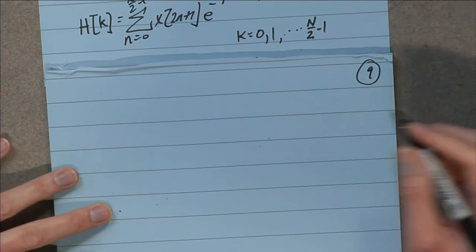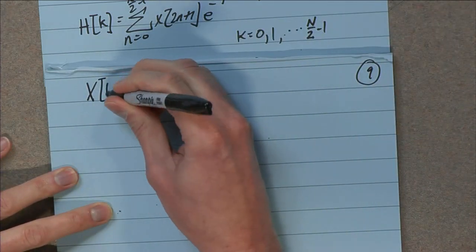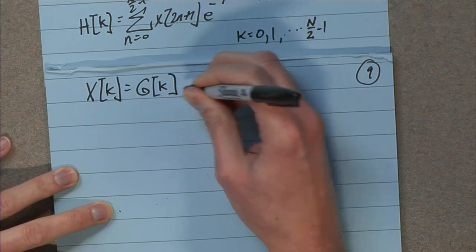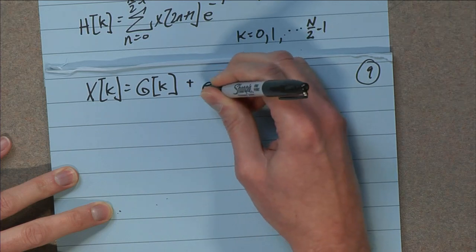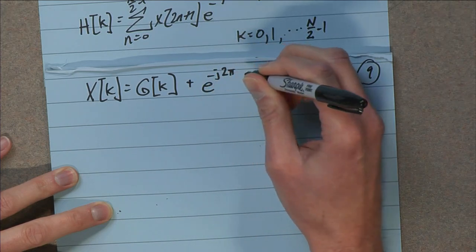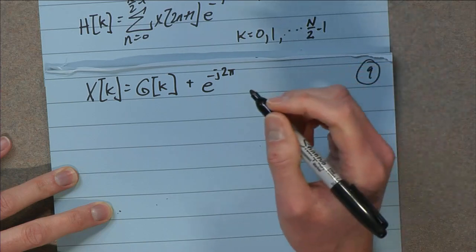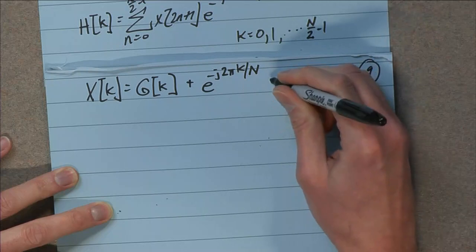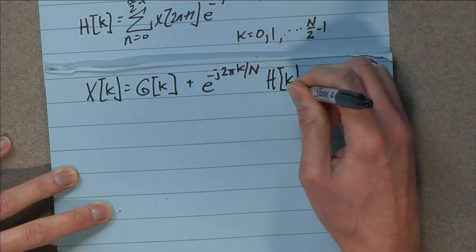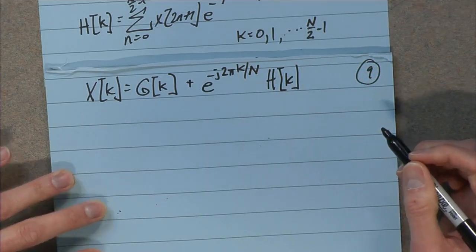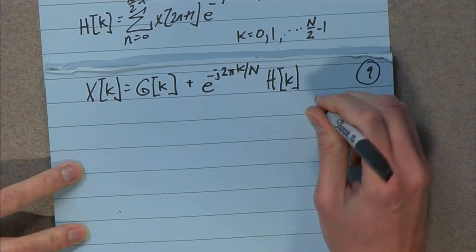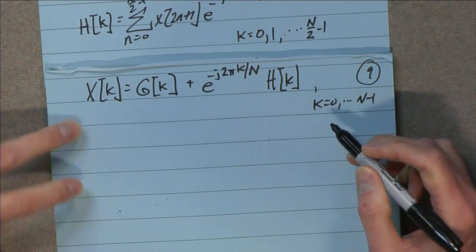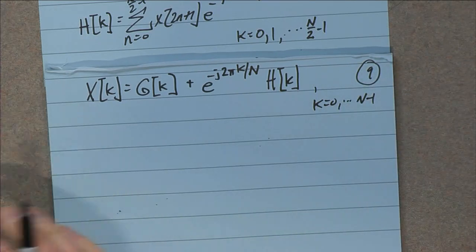So let's do kind of a quick accounting. And we're going to write down x of k in this more compact fashion so we can kind of point at things and count up ops. And this is our little glue phase here, which, yeah, I'll write it that way. Over n h of k, where k goes from 0 to n minus 1 because this is an endpoint DFT.